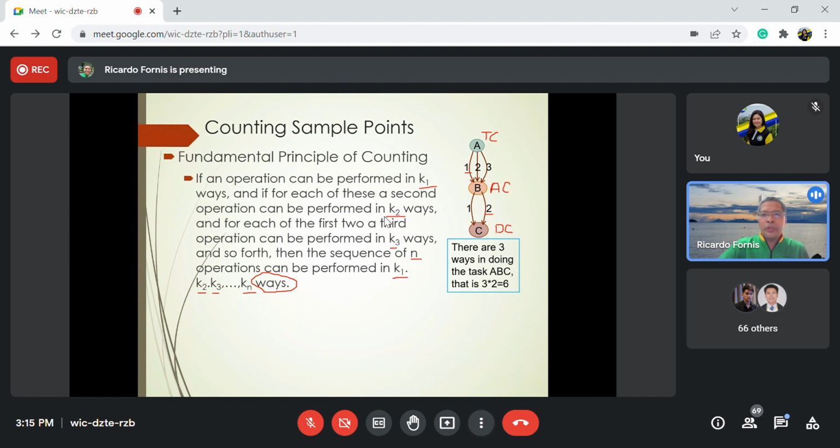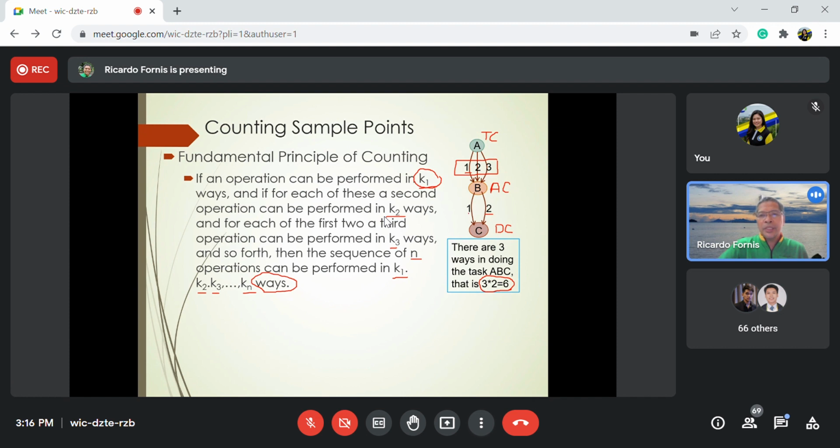You can count it one by one, or you can just use the principle of counting, recognizing that this is a case of successive events, one event followed by another. So in this particular example, the first event can be done in 3 different ways. So the K1 is 3.